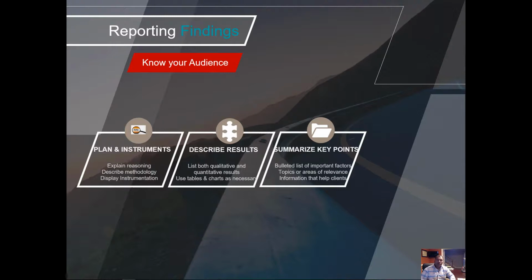Maybe they came to you saying, we need a solution for X. But before you prescribe a solution or validate a solution, remember that the whole purpose of a needs analysis is to validate that need. Do we really have a gap? Do we need to fill it? So once you have done the data collection, once you have analyzed the data, then you need to summarize those key points, what your findings were.